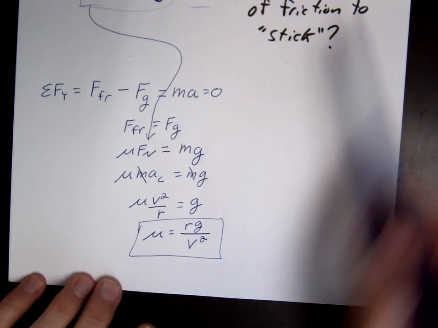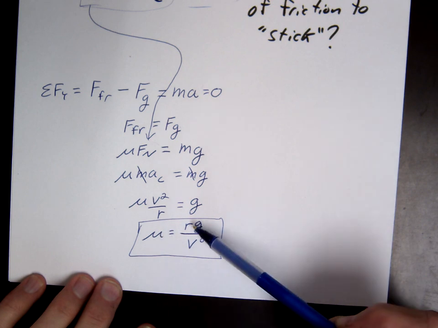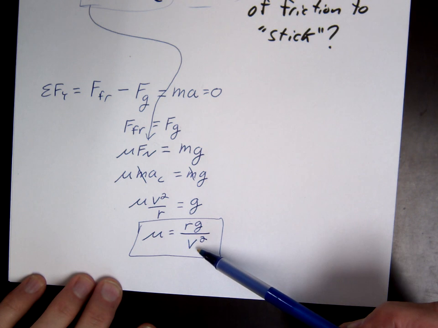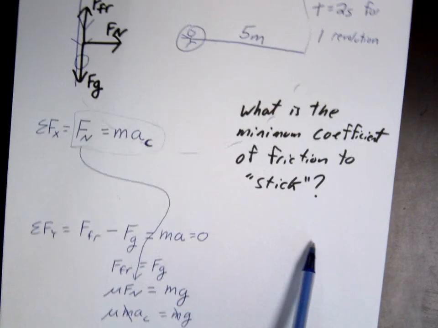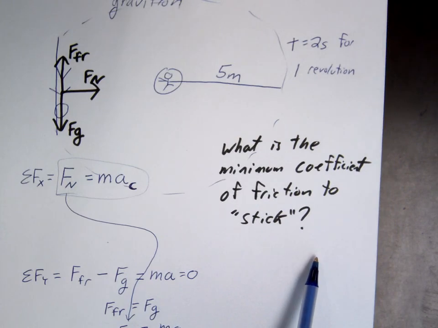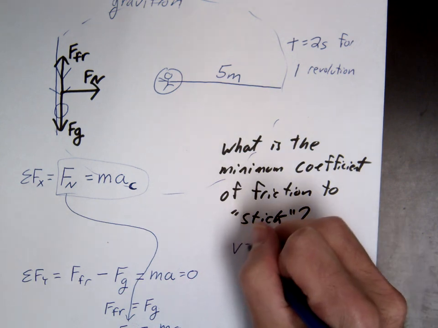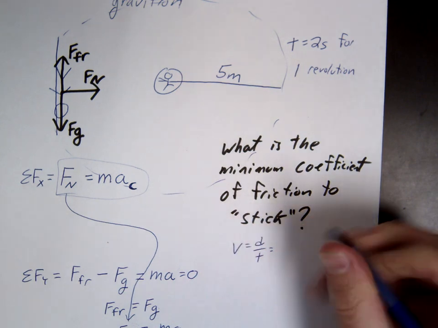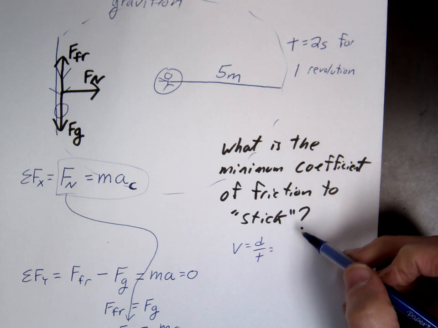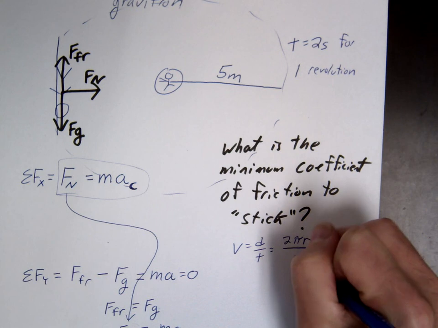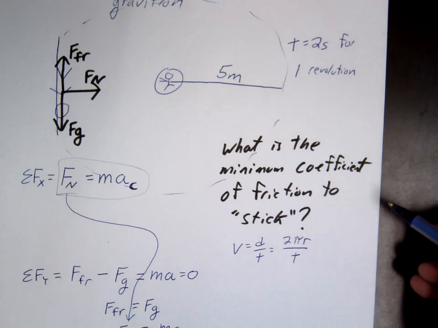All right, so we are looking for mu. I gave you r, right? And g we always know. Do we know v? How can we calculate v? V equals d over t, exactly. And what's the distance if we're going in a circle? Okay, the circumference, 2 pi r, good.